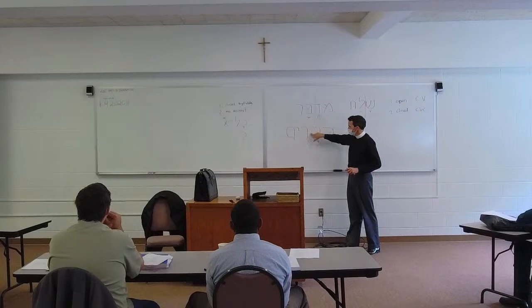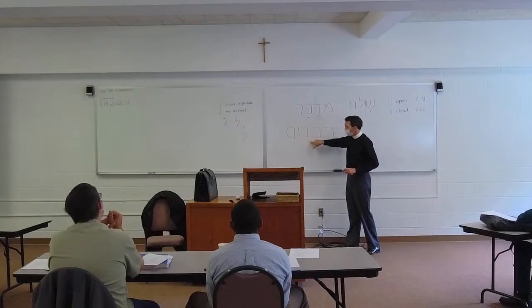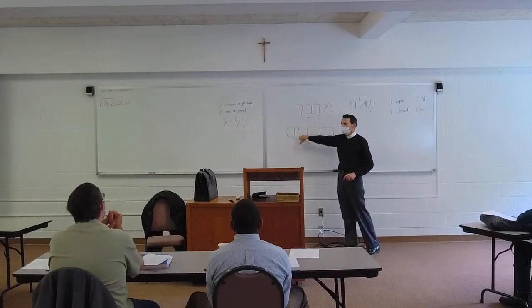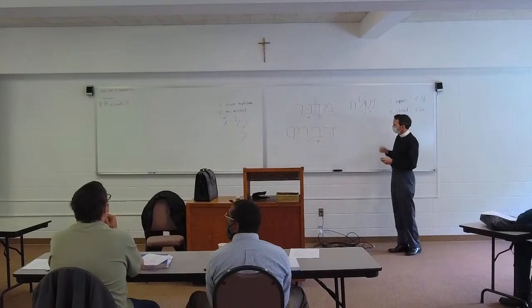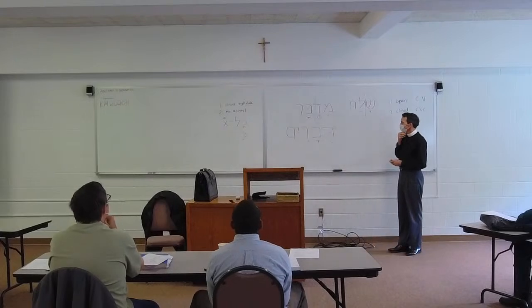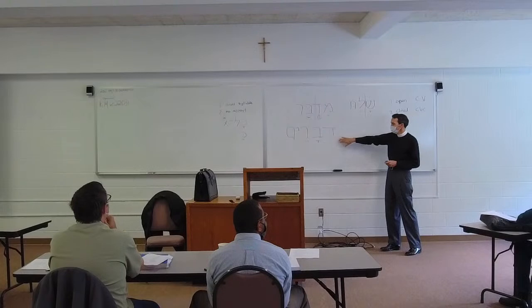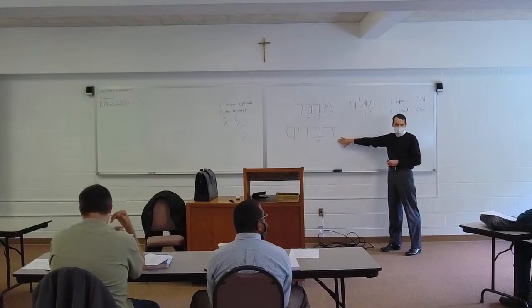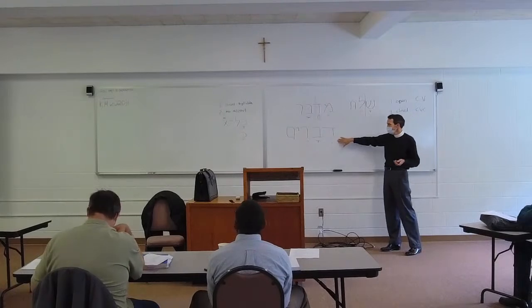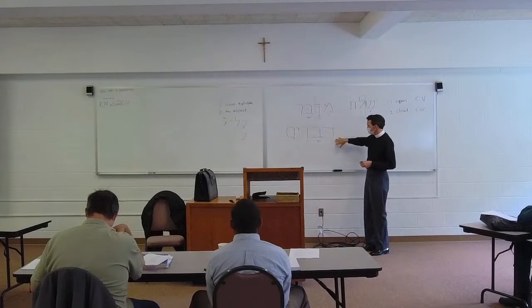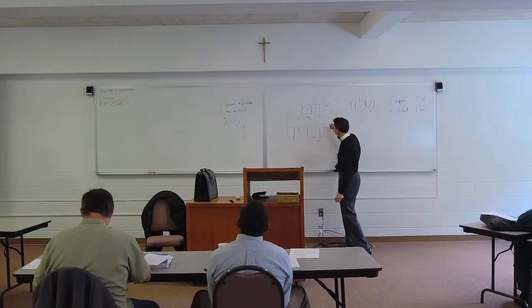It's a resh, so it's an r. Chirik, actually chirik yod. E. Final mem. Okay. Now, notice that in this case, the schwa is beginning a syllable. It's beginning the word too, but it's beginning the syllable. So we could break this down into three syllables.